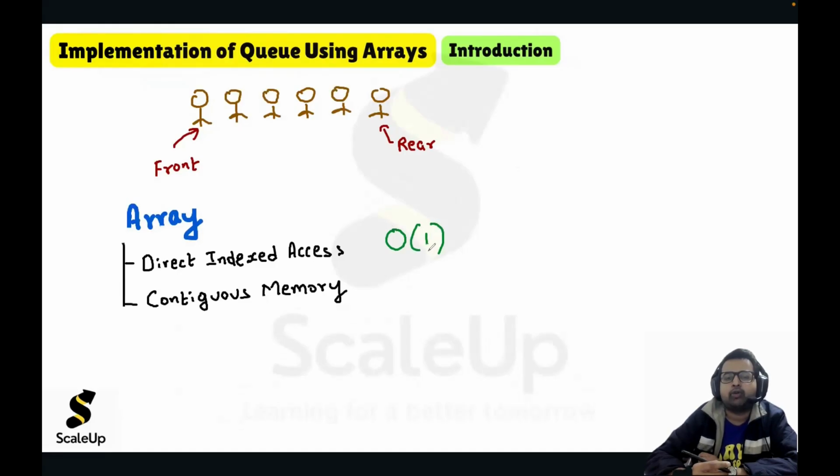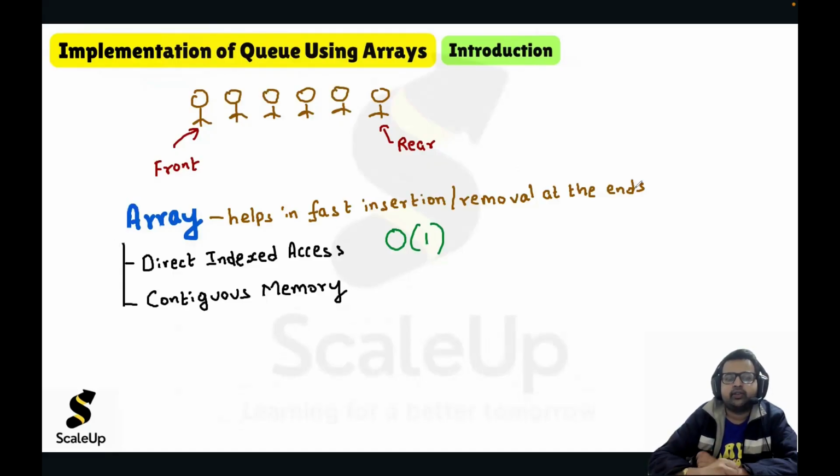It's a constant time operation. Regardless of the size of the queue, the operation will always be big O of 1. This makes an array a better choice for implementing a queue, because with an array, it helps in fast insertion and removal at the ends.